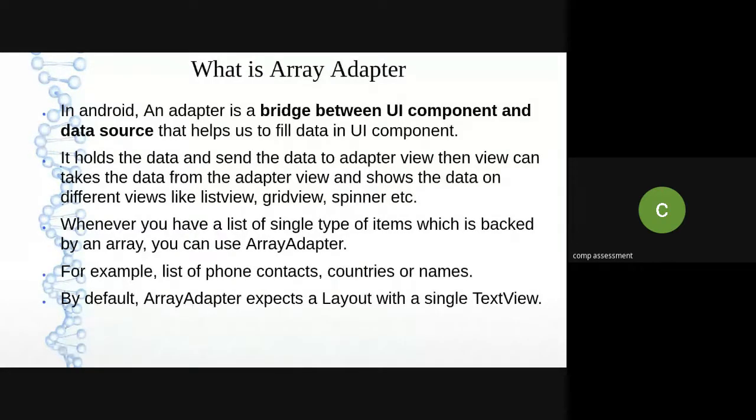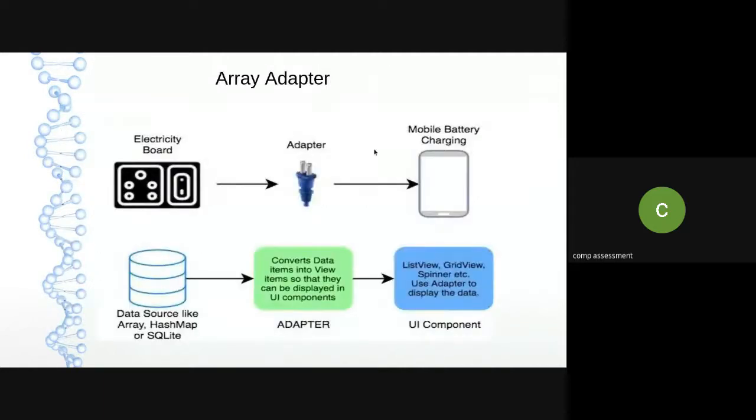By default, my array adapter expects a layout with a single text view. Meaning, whatever list we are providing, it will expect the layout as a single text view on your widget. Just as an example, like your mobile battery charging, your adapter will act as an interface between your electricity board and your actual device.